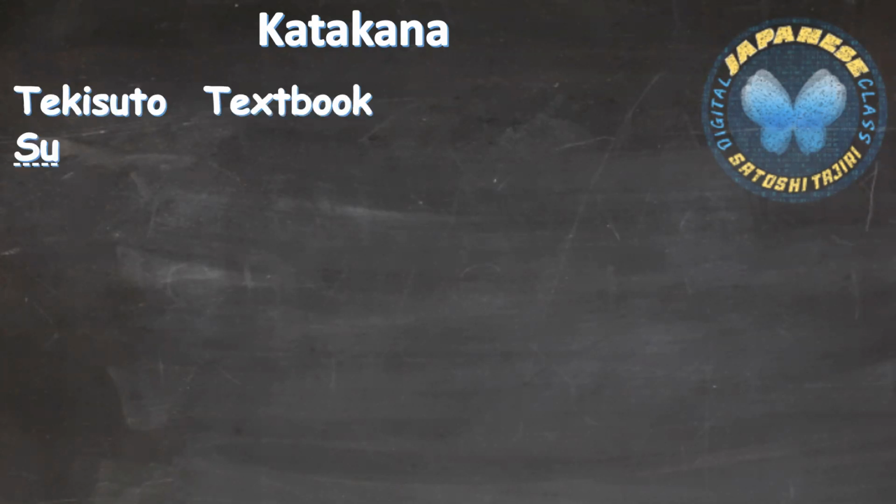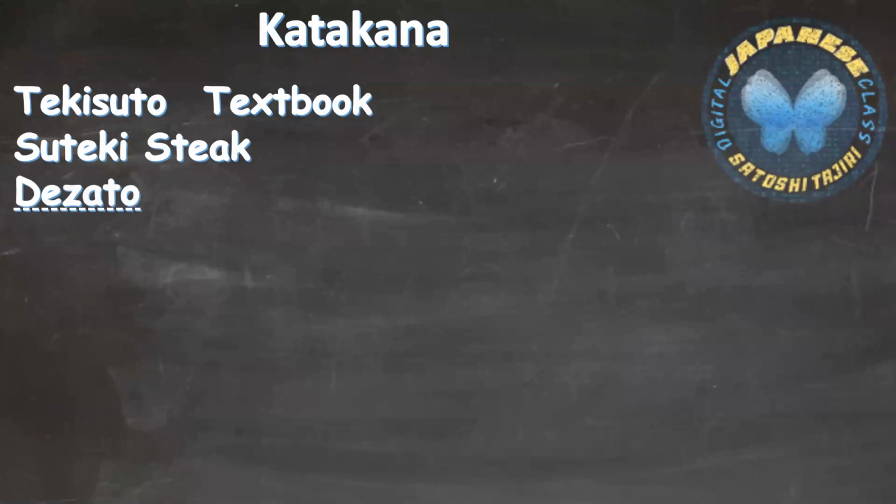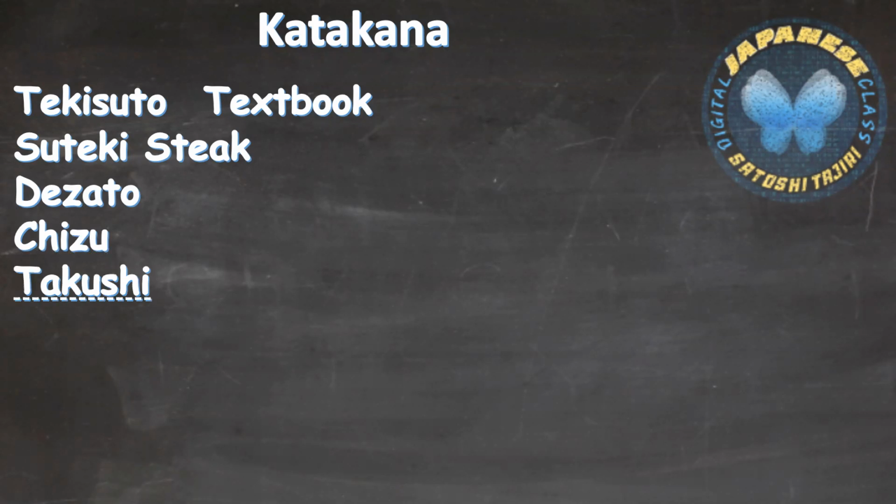Okay, so we have our suteki. Okay, stick, and we have our desato. Okay, and I will put a line. Okay, give me a moment. Desato, and let's have our chizu. Then we have our takushi, and we have our shitsu.